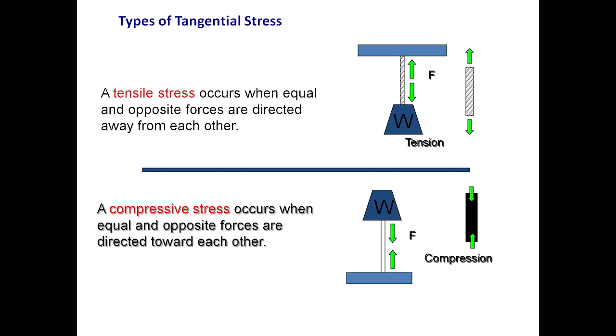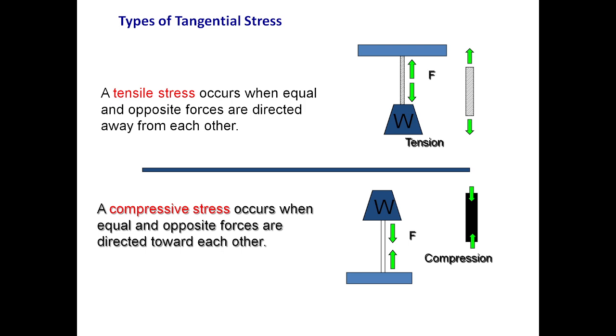In the diagram, a wire is hung at one end, and the other end is given a weight. Here the tensile stress is produced, with the upward force acting in one direction and the downward force in the opposite direction.